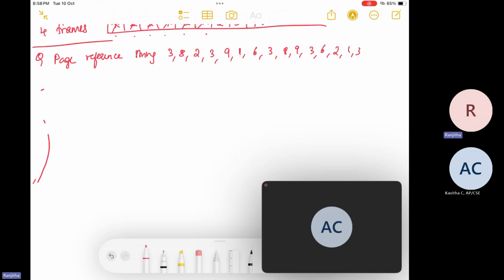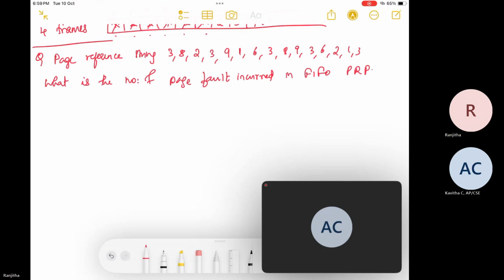The question is, what is the number of page faults incurred by this page replacement policy?